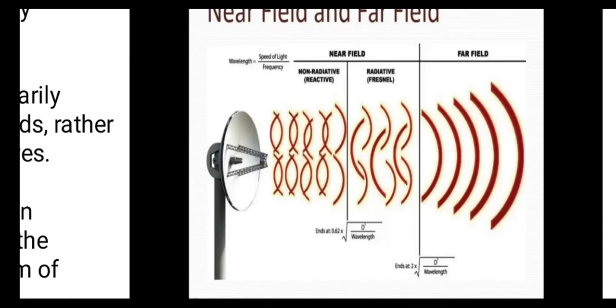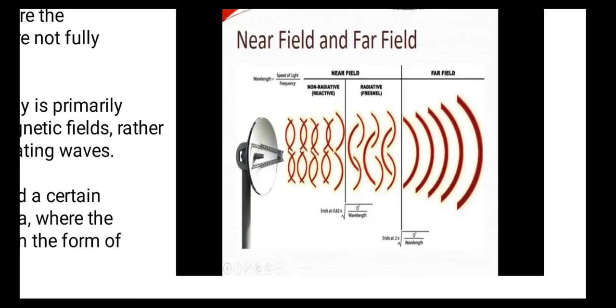Far field is where the antenna electromagnetic waves propagate at a proper distance from the antenna.